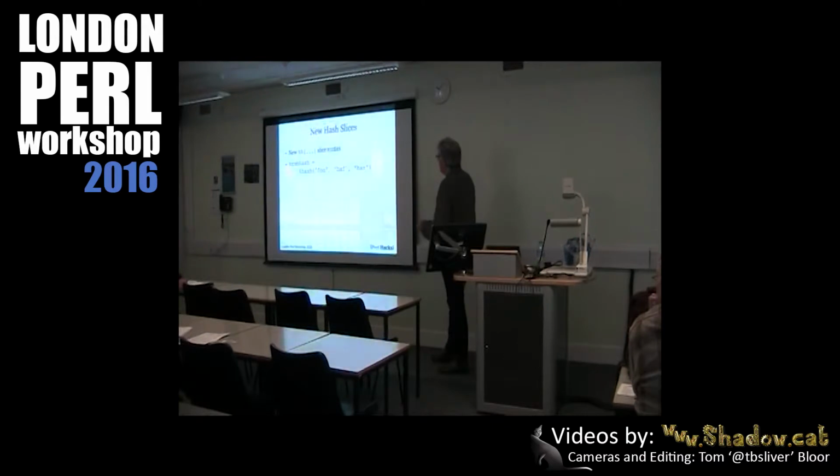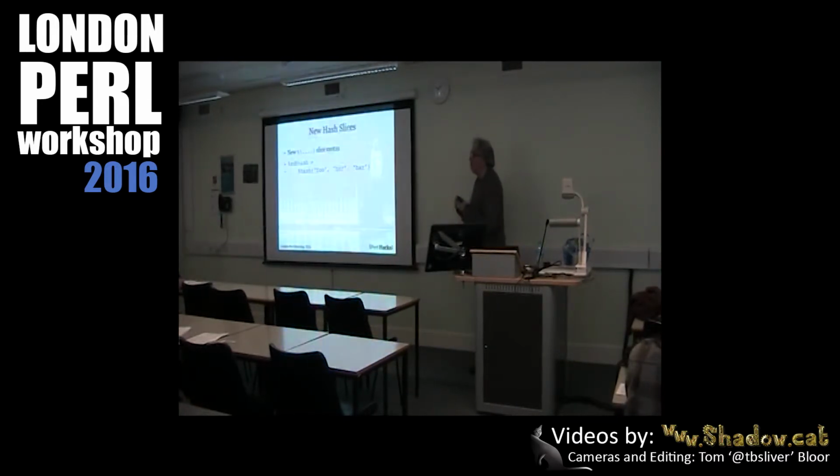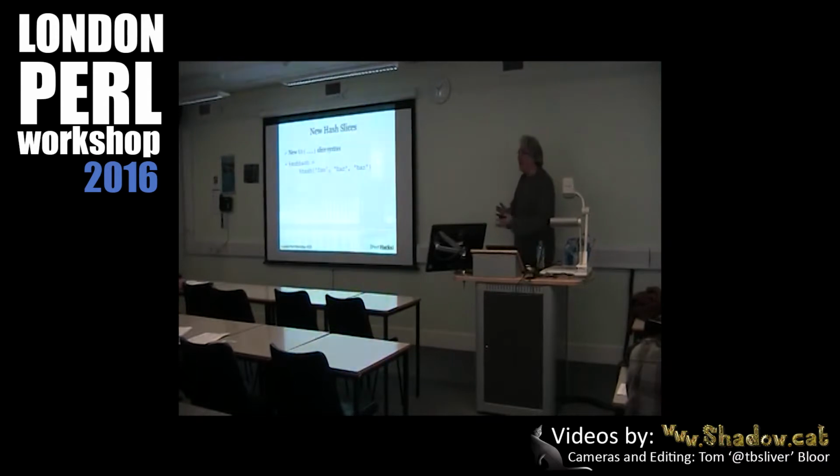So you can say percent hash foo bar baz, and it gives you back the keys and the values in matched pairs, so you can just assign them to a new hash. So it's a nice, quick way of making a sub-hash from an existing hash. That's a really good feature.